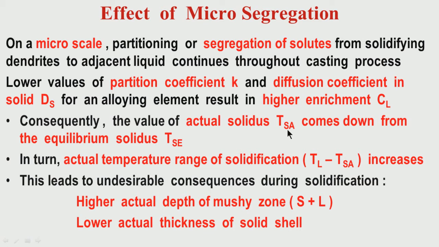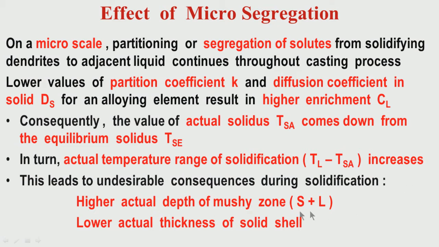Higher the segregation, more will be the Cl, that is the last concentration in the liquid which is getting solidified. Similarly, the actual solidus is also decreasing. So, the range of solidification, which is nothing but the difference between the liquidus and the actual solidus, also increases, and if this increases, I have told you what is going to happen.